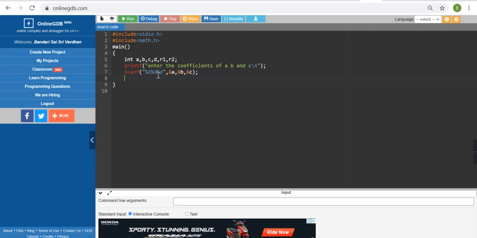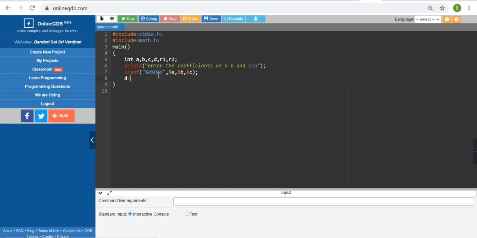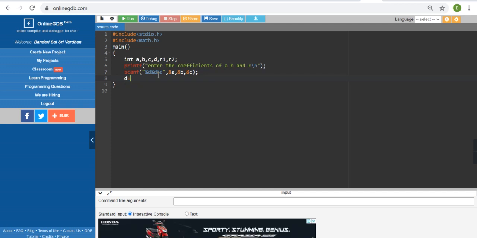The next thing we have to do is find the value of d. Once we find the value of d, we are going to check whether d is greater than 0, less than 0, or equal to 0.